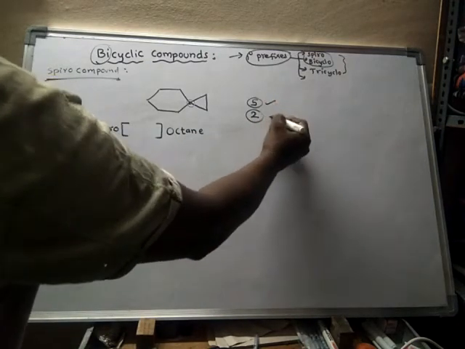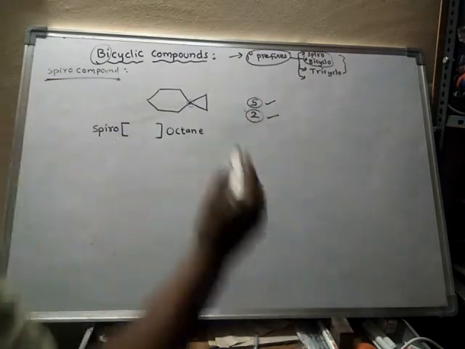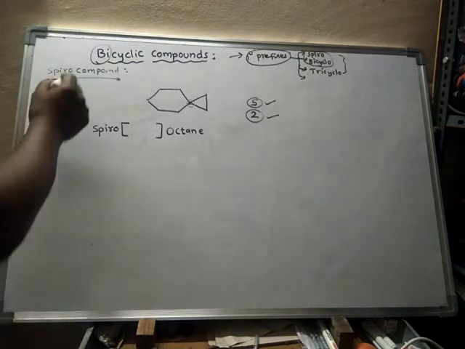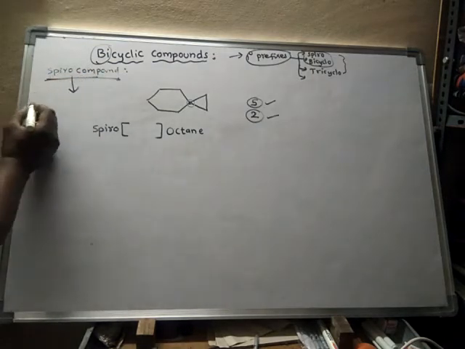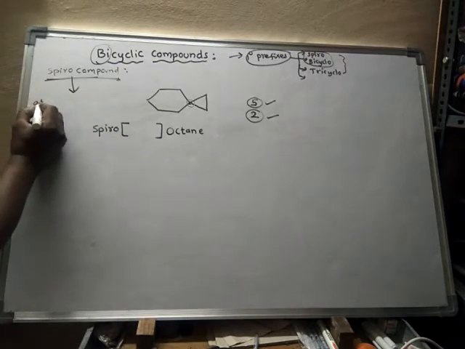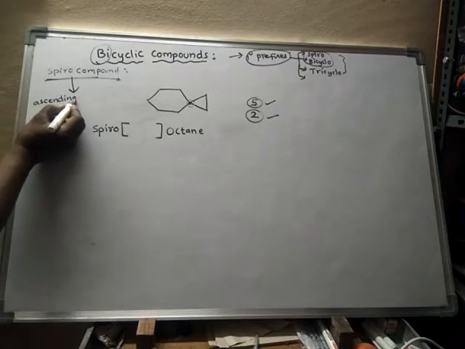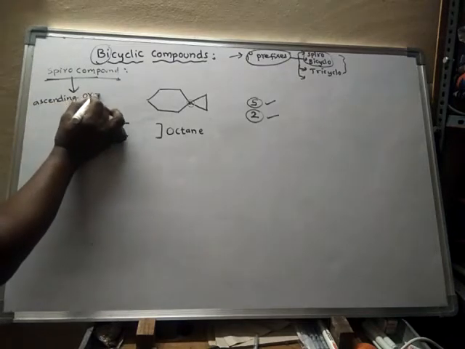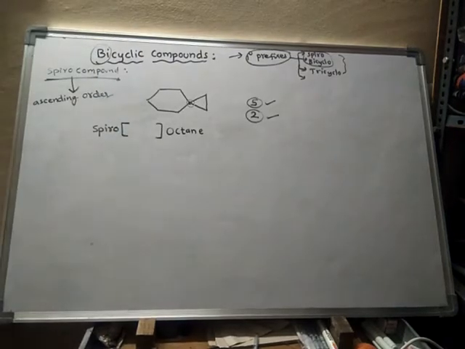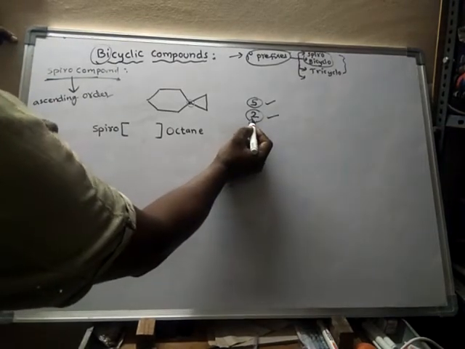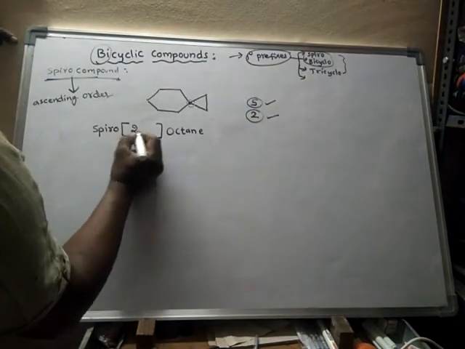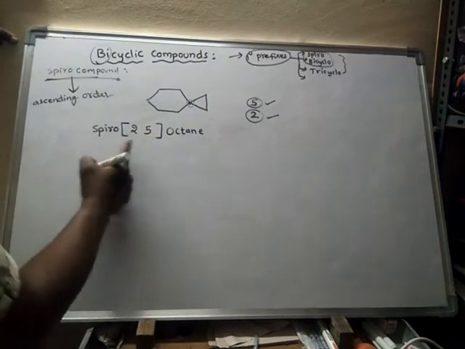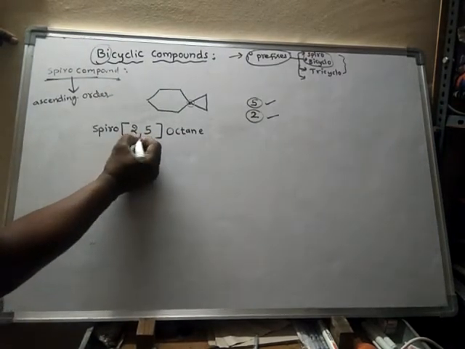Which number do we write first? We have to write these numbers in ascending order. So for spiro, remember that in the bracket we have to maintain ascending order. Ascending order means first we write 2 and afterwards 5. And these 2 and 5 should be separated by a comma.